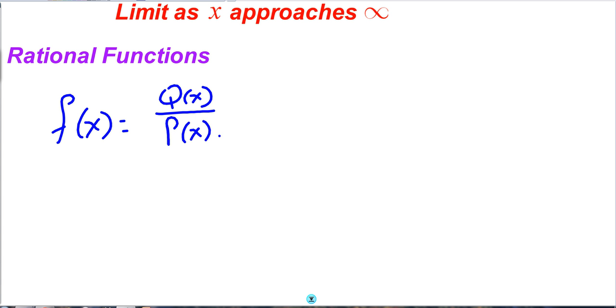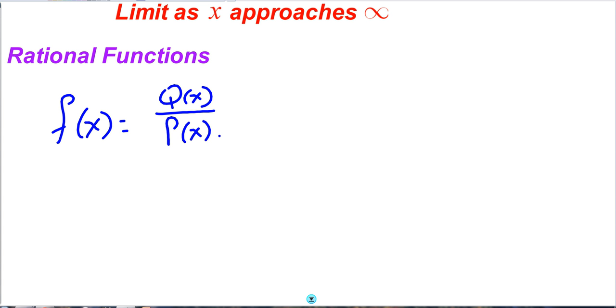Special functions. As you will see in the videos that will follow after this video, rational functions are very special functions for finding limits as x approaches infinity. If you have the function f of x is some function q of x over p of x, this is a rational function, and there's a special way for finding the limit.